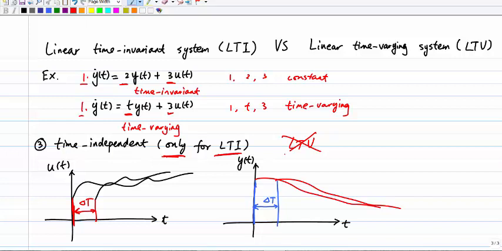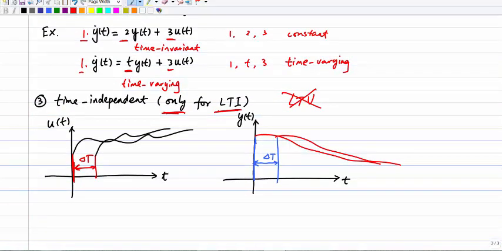What time independence says is that you can shift your input by a certain amount. For example, if I shift my input u t by delta t, the output will also be shifted by the same amount delta t. Let's say this is my input and my output is somehow like this. If I shift the input by delta t to the right, my output is also shifted by delta t to the right.